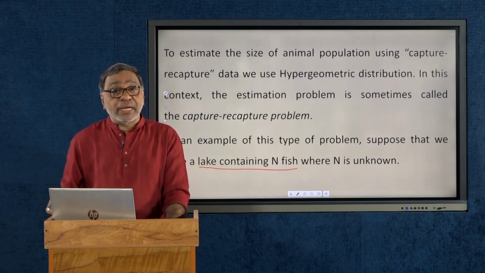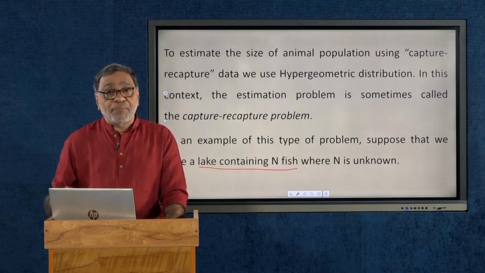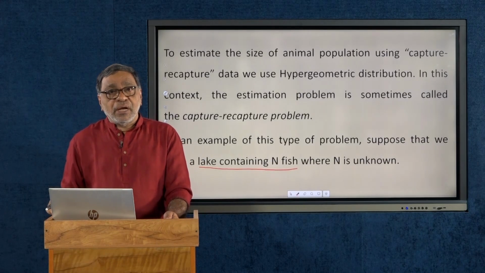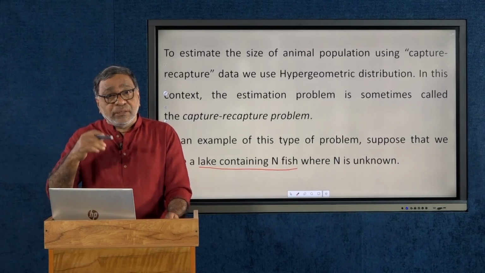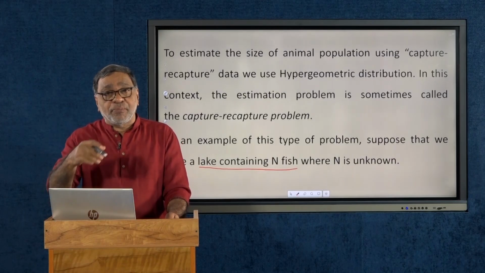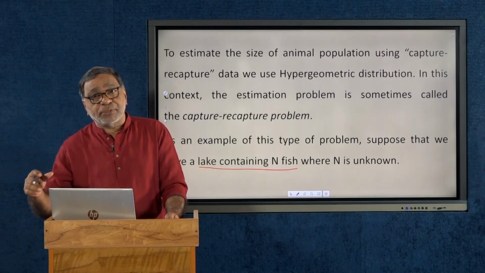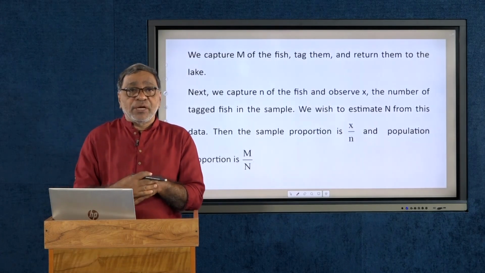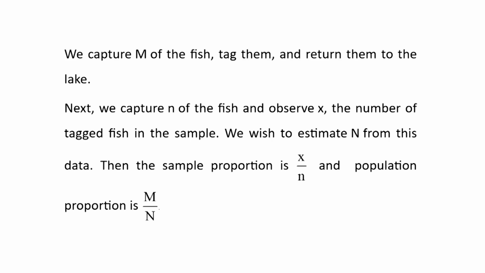How do you estimate or approximate the value of capital N? For that, you make that population similar to a population associated with the hypergeometric distribution. We capture M of the fish, that is, capital M fish are selected, and tag them and return them to the lake.